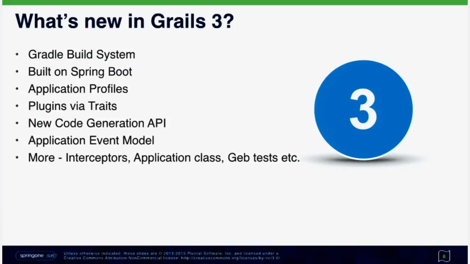So let's talk about what's new in Grails 3. We have a complete rewrite of our build system. In Grails 2.x, we had a custom build system that's now been replaced by Gradle. We've rebased Grails on top of Spring Boot.